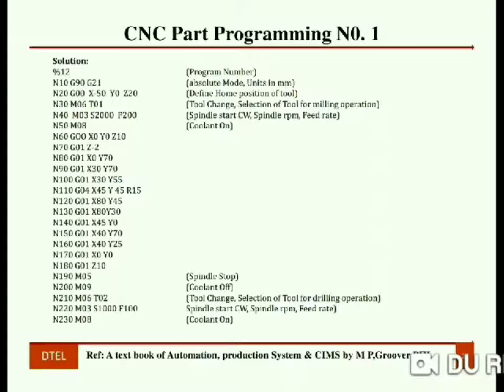Then N40, M03, S2000, F200. M03 means you have to start the spindle with 2000 rpm, so spindle starts in clockwise direction. S2000 means spindle rpm, F200 means feed rate in mm per minute.